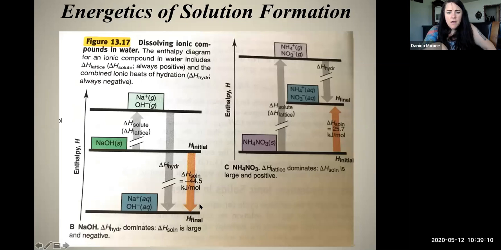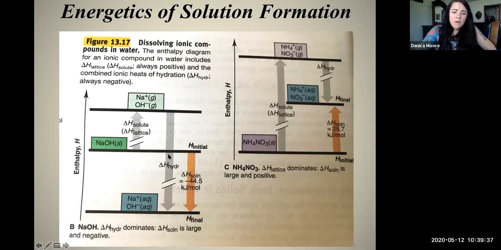Cool. Okay, so here's another way of representing the delta H of mixing, the delta H of the lattice and the delta H of hydration. When we were talking about our original example of sodium hydroxide, it has a relatively small lattice energy, which we'd have to add to get it to go into its respective ions.